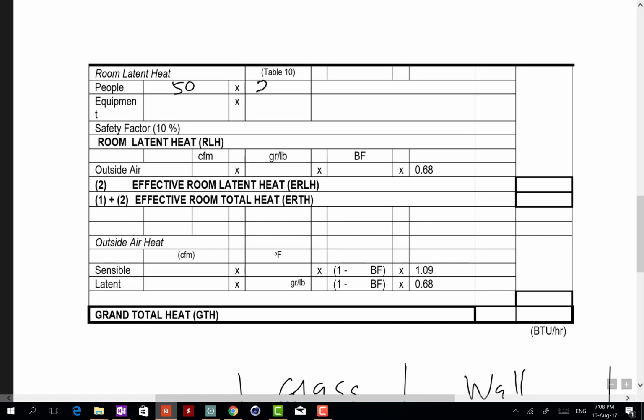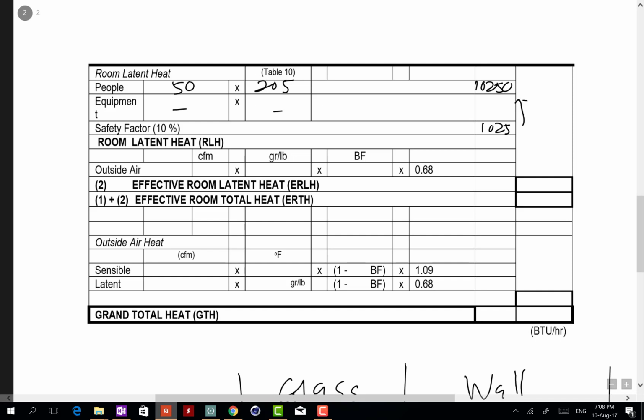So I put here 205. Then we get 10250 BTU per hour. Because we already calculated the equipment, no need to recalculate it again, so this one becomes empty. Then we put the safety factor 1025, 10% from the previous value.